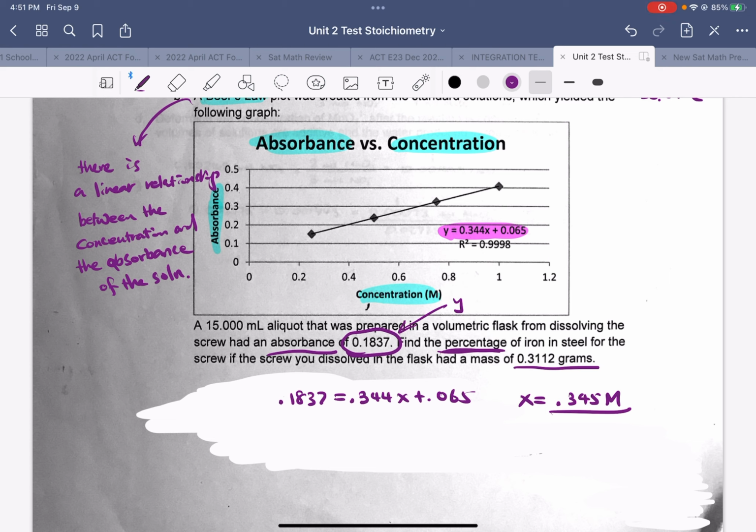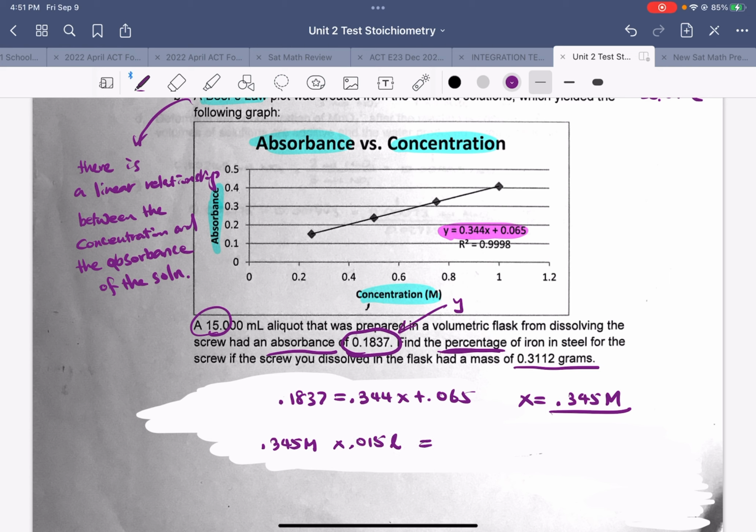Now, we found that molarity, then find the percentage of iron. In that molarity, how many grams of that ion are you going to have? So 0.345 molarity, and I need to find out more, so you multiply by the liters. The volume is right here, so changing to liters, divided by 1,000, is 0.015 liter.